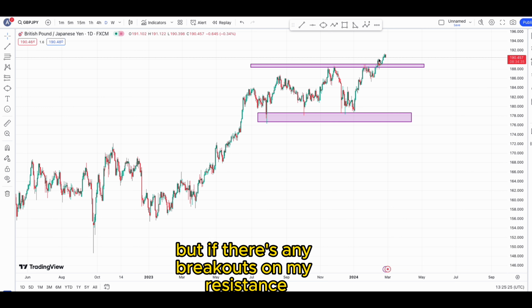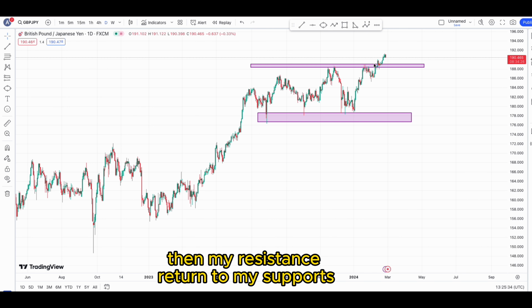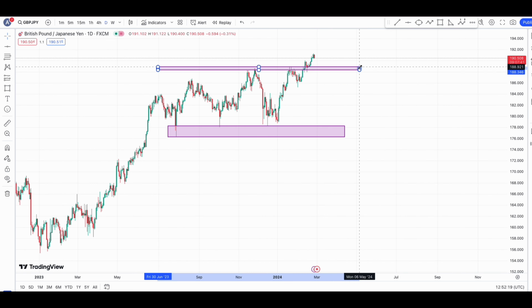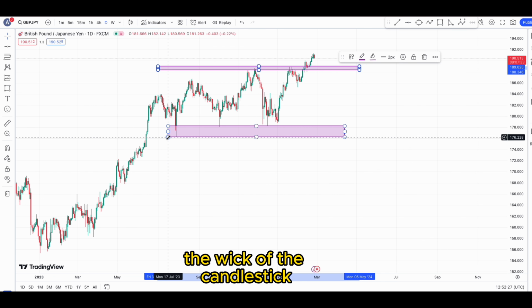But if there's any breakout on my resistance and probably a retest and a continuation trend, then my resistance will turn to my support. That is how it works. You can see I'm marking it including the wick of the candlestick.